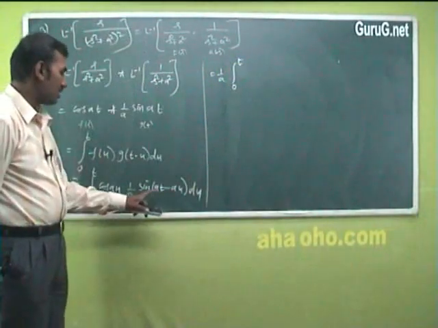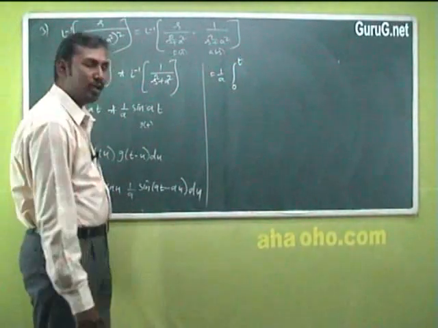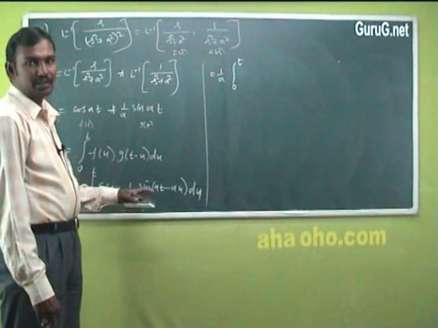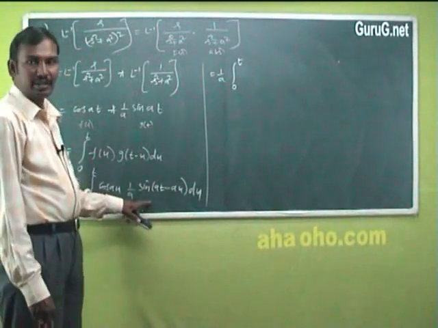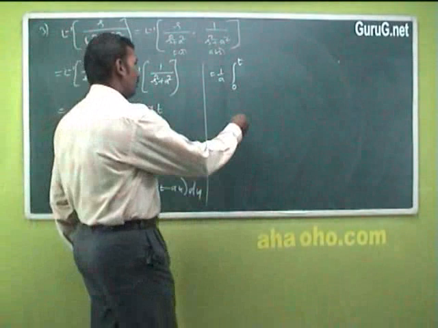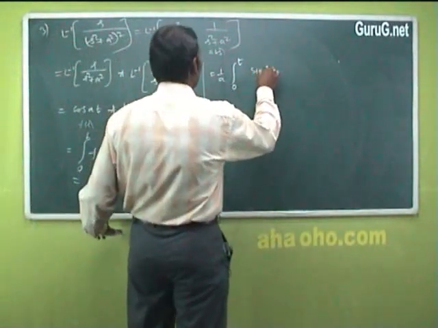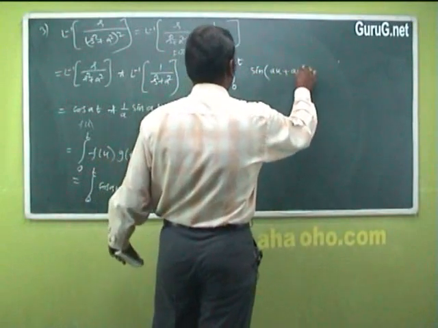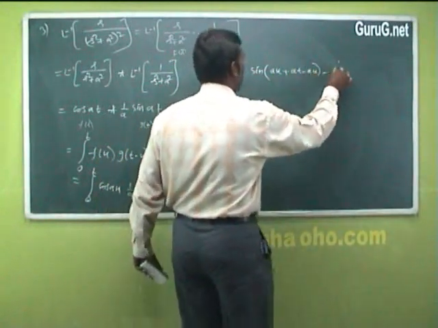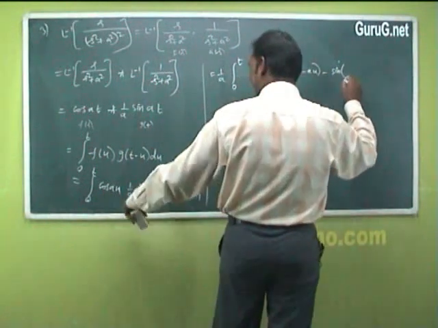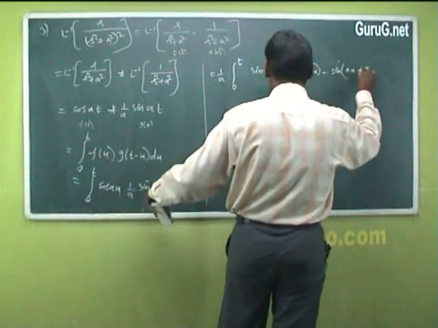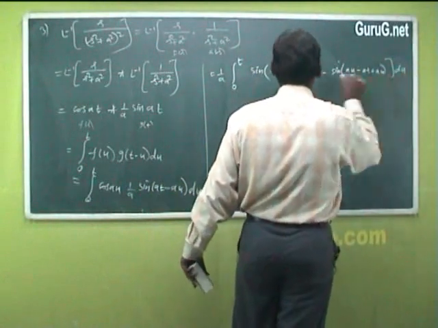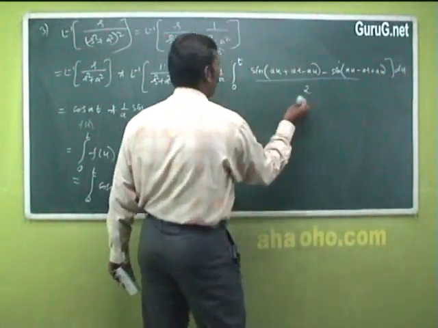So cos a sin b equals sin a plus b minus sin a minus b, by 2. So sin a plus b: adding the two, au plus at minus au, and minus sin a minus b, so au minus at plus au, into du by 2. Take 1 by 2 outside.